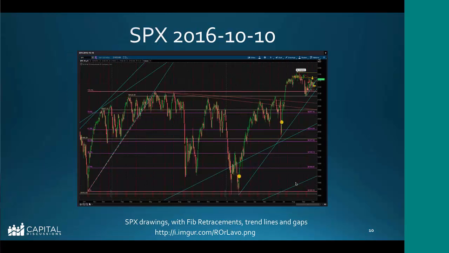The other thing is that I reserve a page or a chart for doing nothing but drawing trend lines, support lines, Fibonacci's, and gaps. Okay, and I'll show you what I've done here. This is the S&P, and I'll go through why, at least in my Kevlar service, we put something on, and I didn't put the full position on.